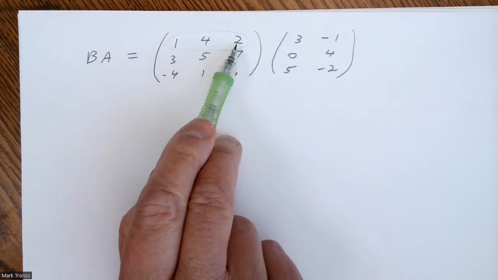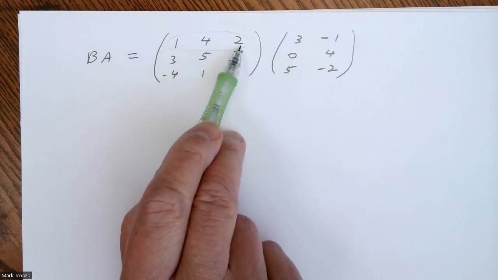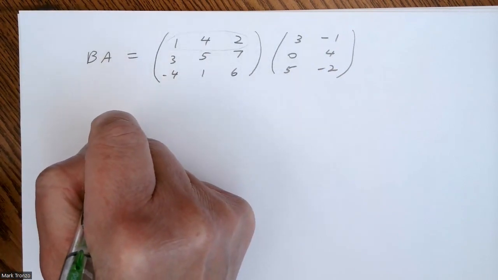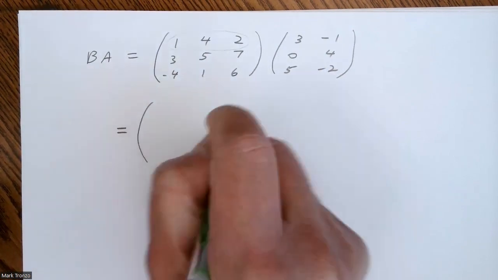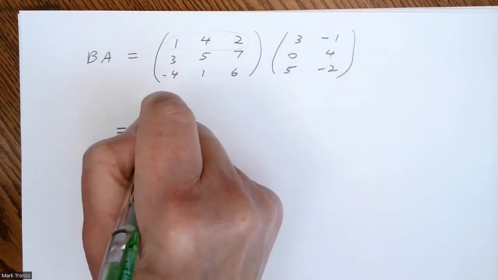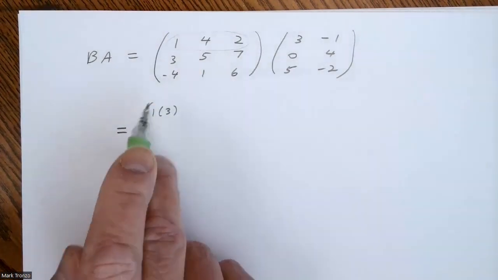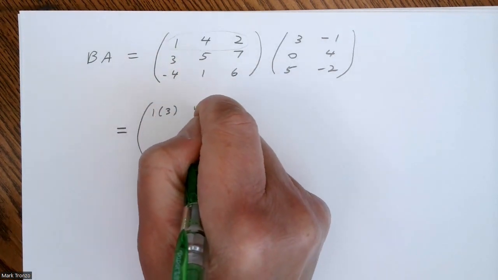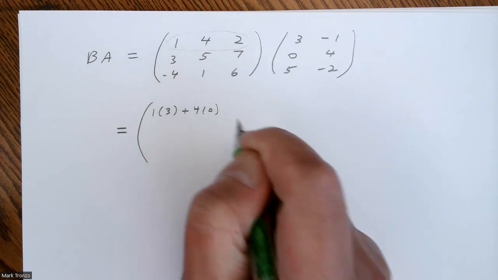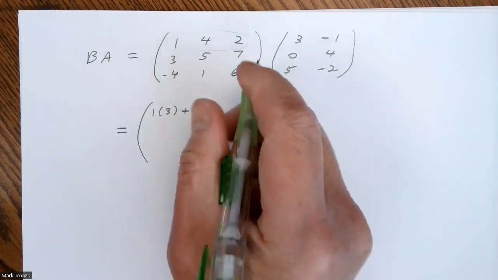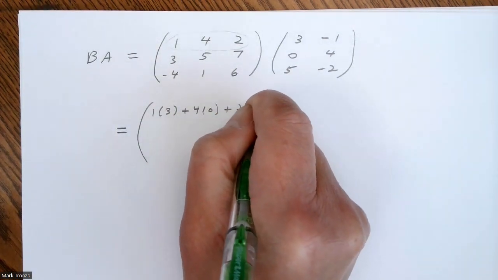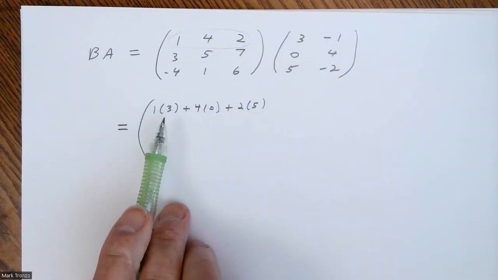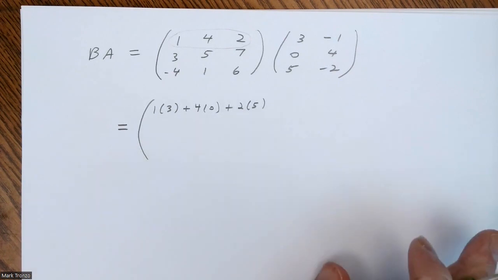Taking the first row times the first column, we multiply in order: 1 times 3, 4 times 0, 2 times 5, and we add up the sum of those.